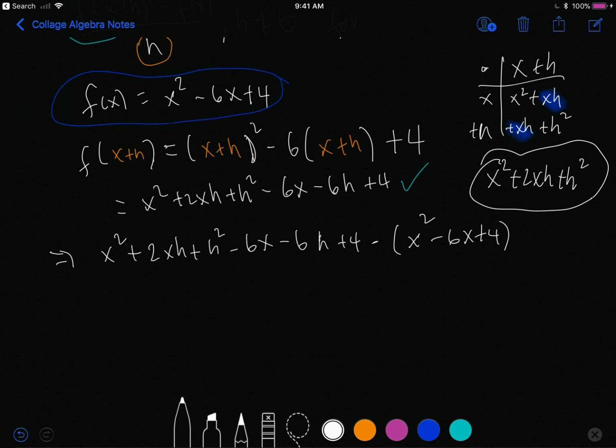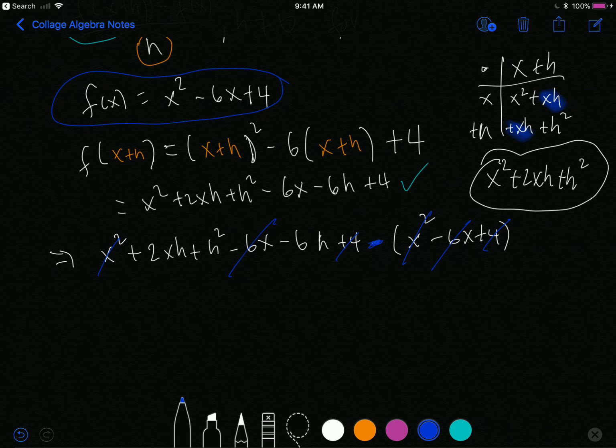If you look very carefully, you'll notice right here I have an x squared and I am subtracting x squared. I have a negative 6x and I am subtracting a negative 6x. So again, those will cancel out. I have a 4 and I am subtracting 4.